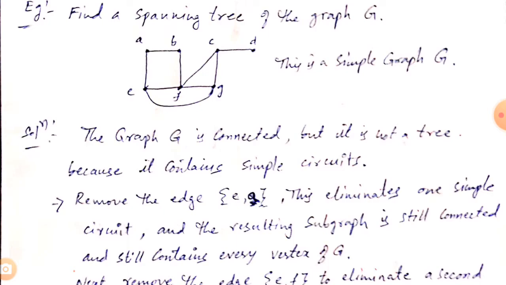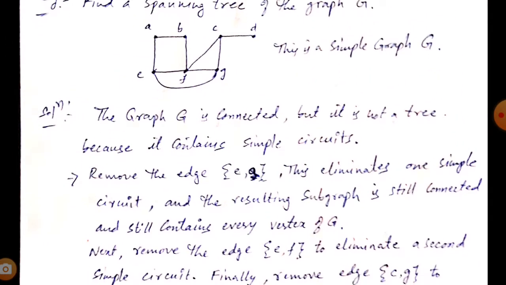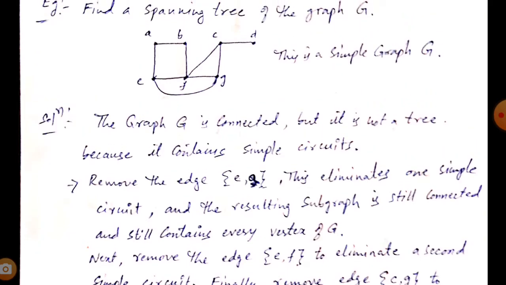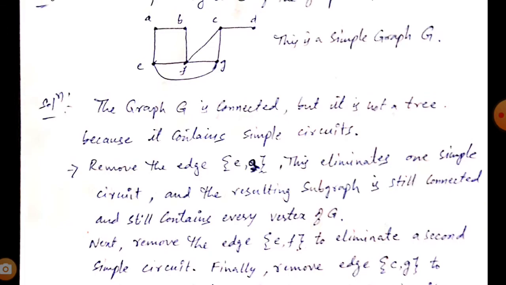So again we have to remove another edge, whichever it may be. Now remove the edge EF. We are removing an edge, not a vertex, to eliminate a second simple circuit.